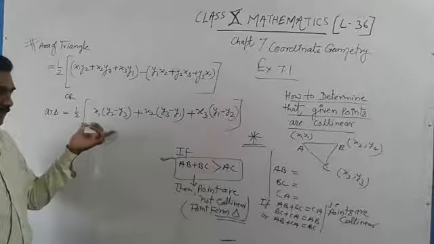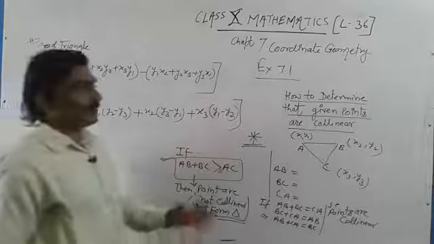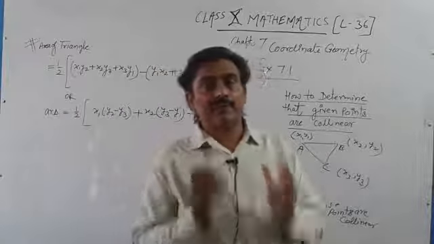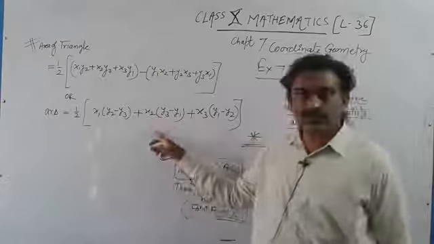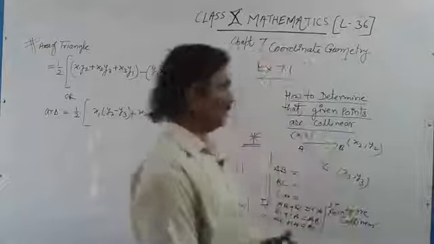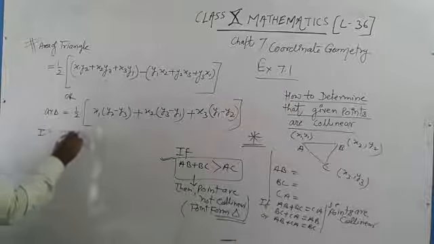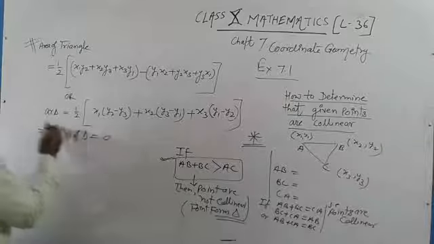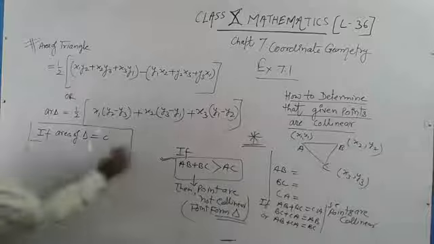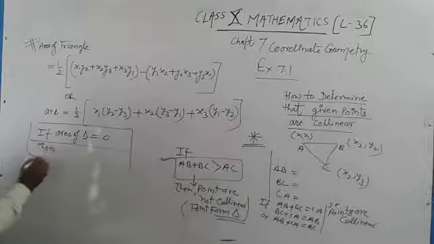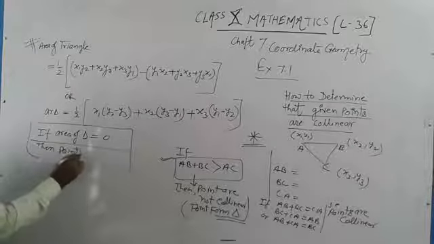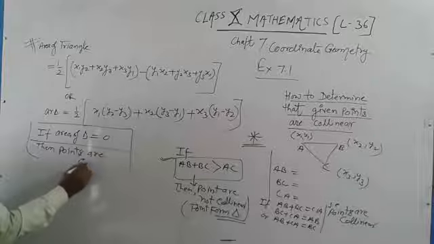And after putting the values of your points, if you get the area of the triangle 0, then the points are collinear. It should be noted that if the area of the triangle is equal to 0, then the points are collinear.